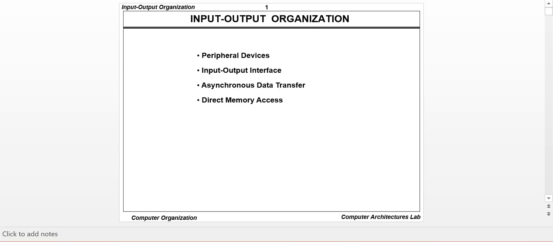In this input output organization, we are going to see what a peripheral device is, what an IO interface is, asynchronous data transfer, and finally direct memory access.